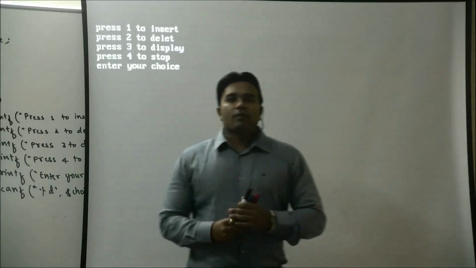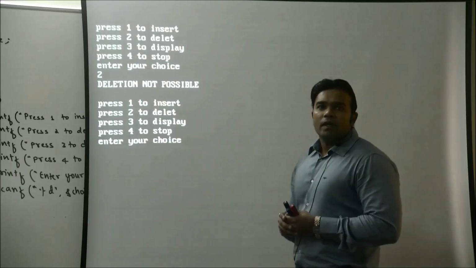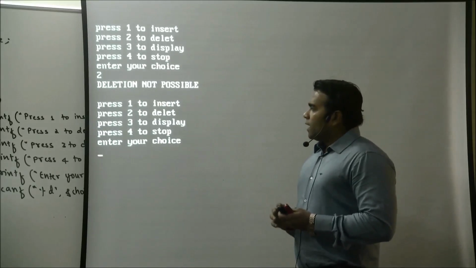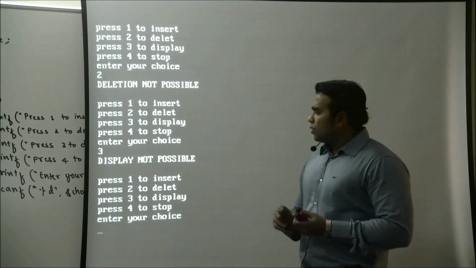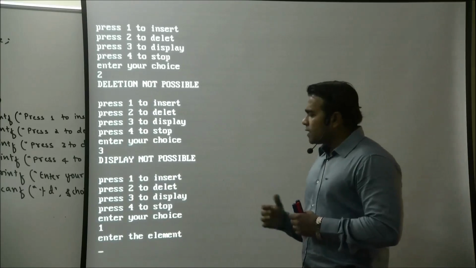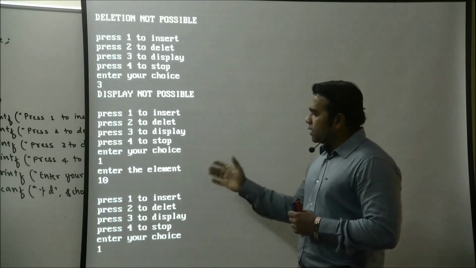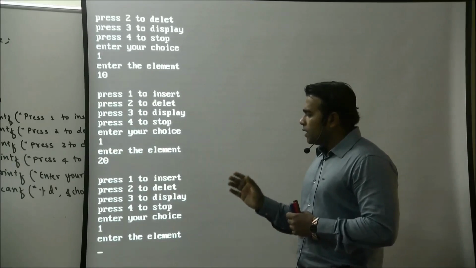first itself I will choose delete by giving the option as 2, in which case I will get deletion not possible. If I choose display, I will get display not possible. So I will first choose insert, 1, in which case it will ask for the element: 10. Again insert, 1, element 20. Again 1, 30.